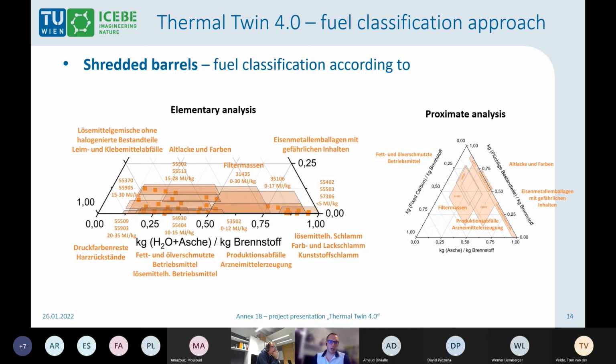In there, you find for each waste code minimum and maximum numbers of elementary analysis and proximate analysis. For everybody who's not that deep into fuel analysis, elementary analysis means the composition regarding carbon, hydrogen, oxygen, and so on. And the proximate analysis means how much fixed carbon is in the fuel, combined with the volatile and the ash.